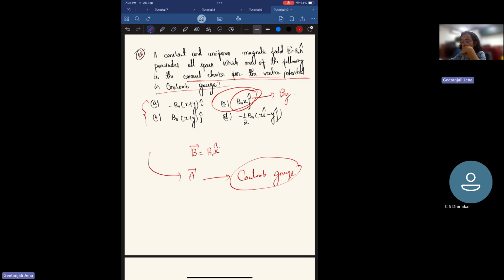So if you take the divergence, it will come out as 0.